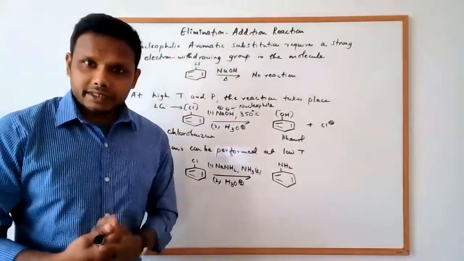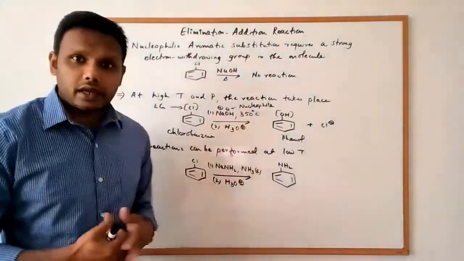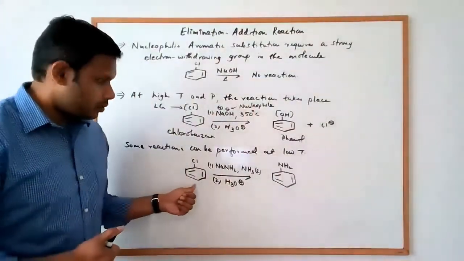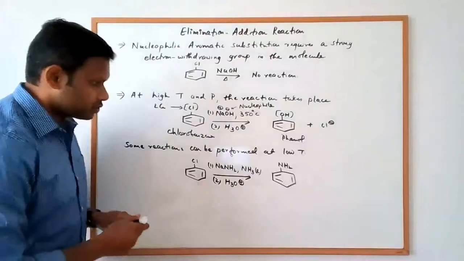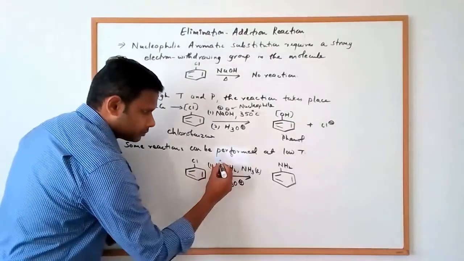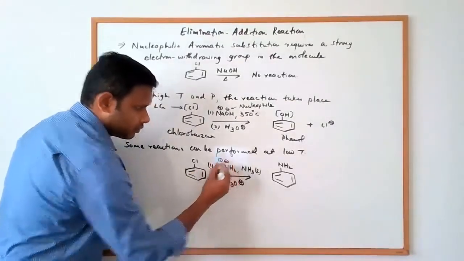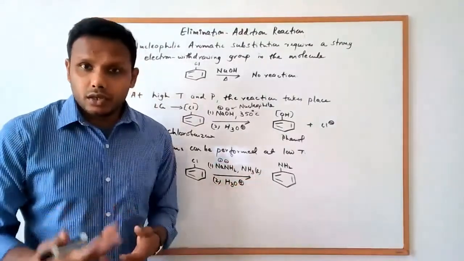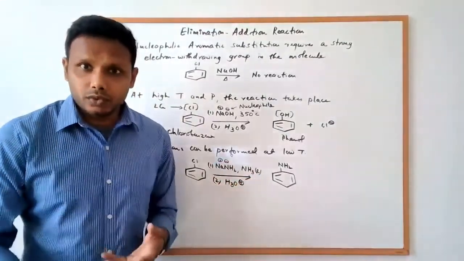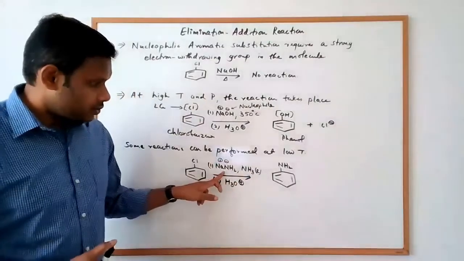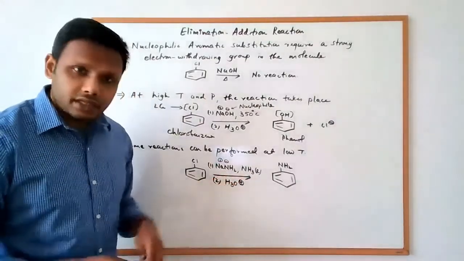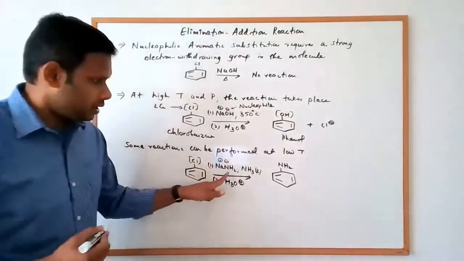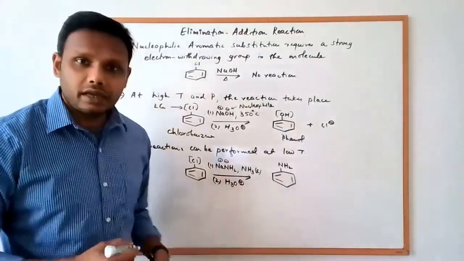Now, there are other examples where the reaction does not have to be heated this high. For example, when you take chlorobenzene and react it with sodium amide as a nucleophile, this reaction can be done in liquid ammonia, which is essentially low temperature. You can again substitute the leaving group with the incoming nucleophile to make aniline.